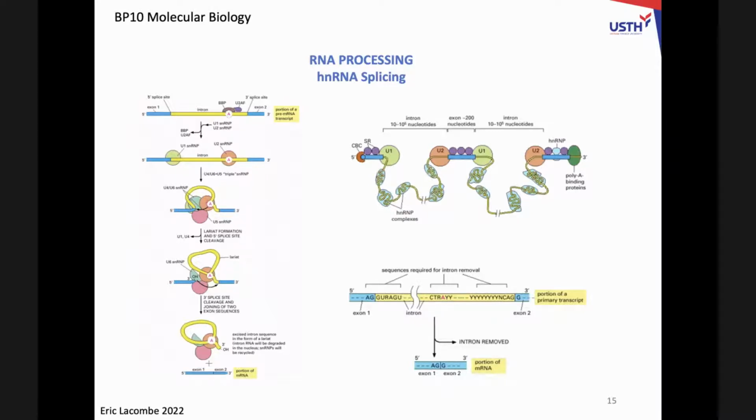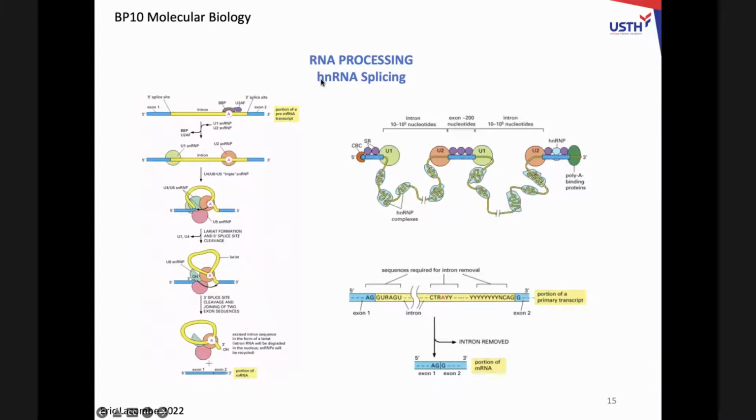Because researchers give different names to RNA, but sometimes they are the same. hnRNA is what we used to call the pre-mRNA, which is the mRNA that is in the nucleus and that has not been spliced. In other words, it's the full-length genomic DNA, exons plus introns, that has been transcribed. But the introns haven't been removed yet. This is what they call heterogeneous RNA.